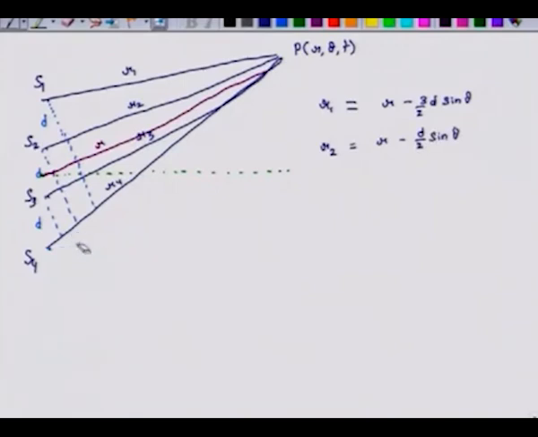I am sorry, this theta is this angle. R3 equals R plus d over 2 sin theta, and R4 equals R plus 3 d over 2 times sin theta.